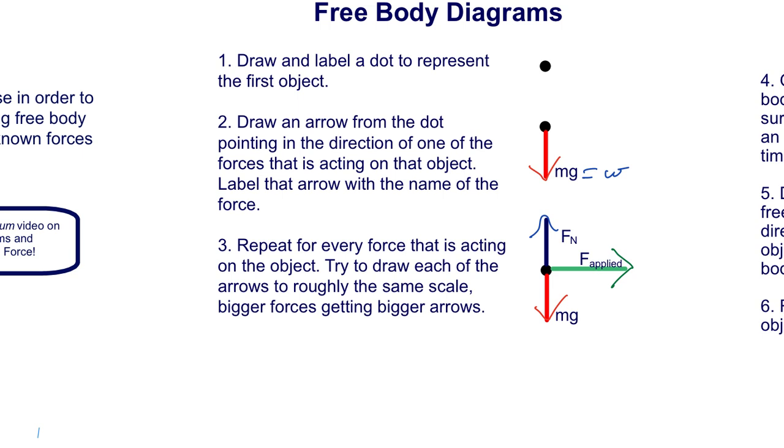So this would be, for example, a person riding his bike on level ground. So here's the bike, here's the weight of the person. I'll use my symbols. Here's the applied force from him pedaling. I'll call that force of push or applied force.